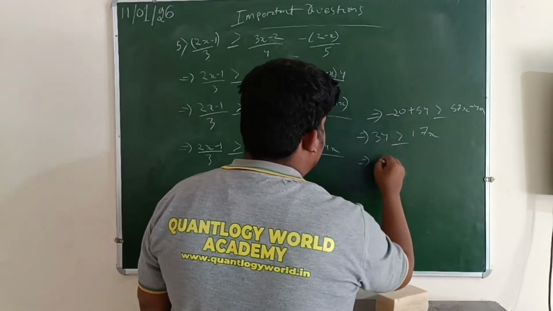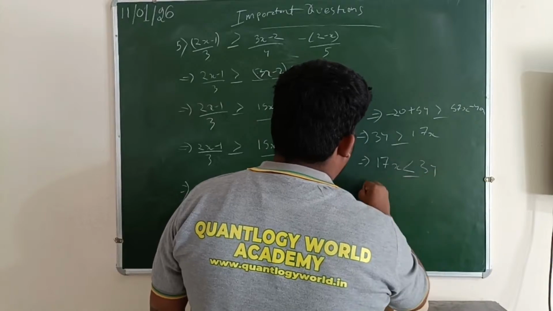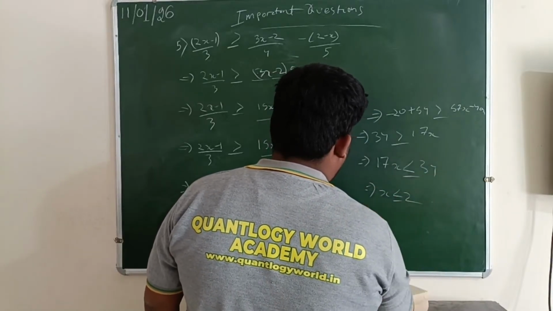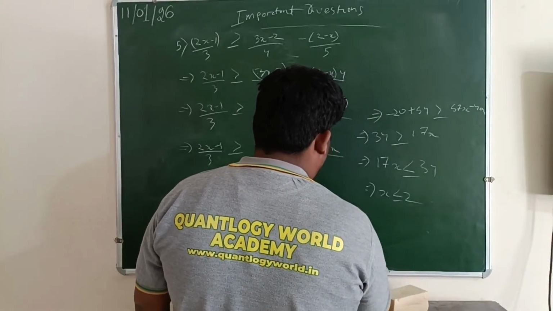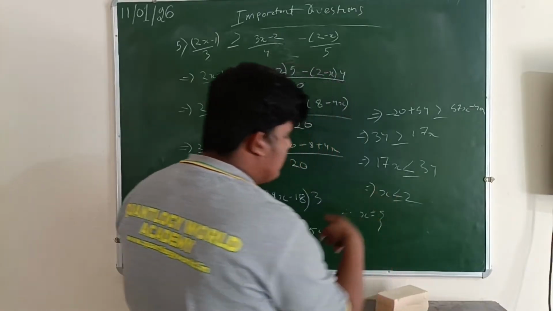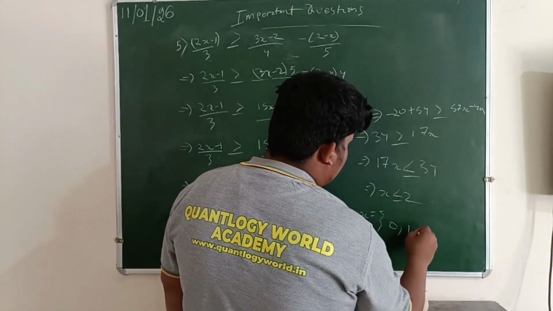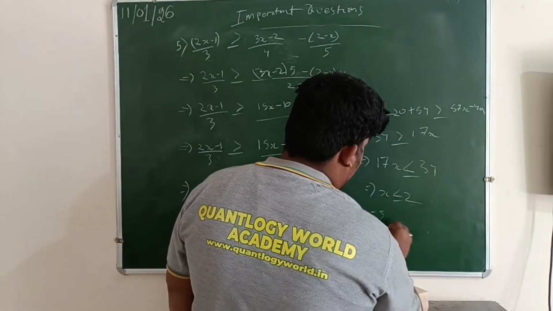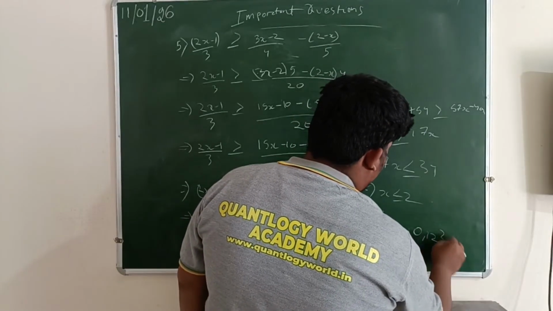If we bring 17x this side, 17x less than or equal to 34, which implies x less than or equal to 2. Therefore the set of x will be x less than or equal to 2, 0 1 and 2.